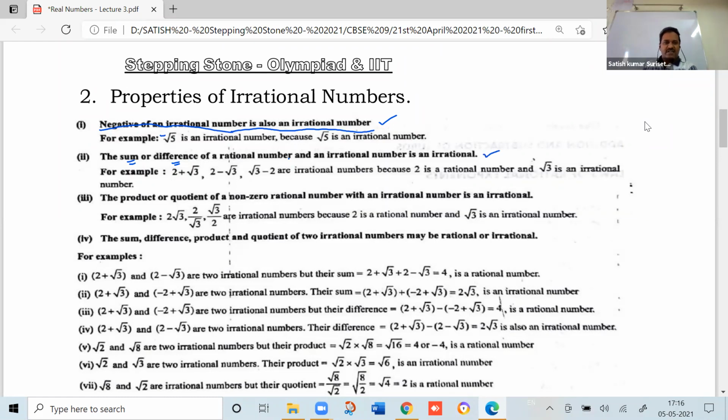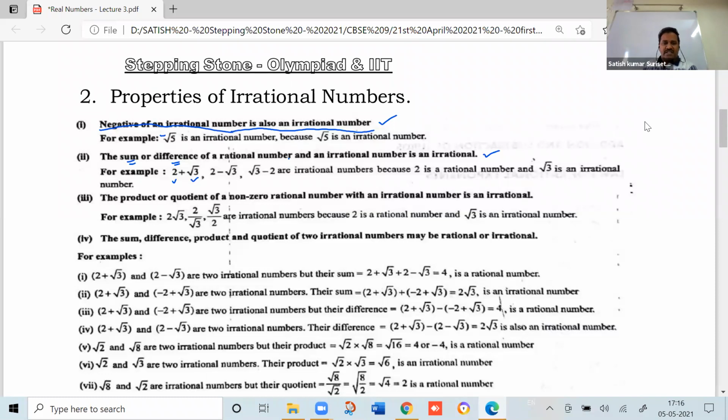That is, 2 is rational and root 3 is irrational. So 2 plus root 3 is again irrational only. Not only 2 plus root 3, 2 minus root 3 and root 3 minus 2 are irrational numbers because 2 is a rational number and root 3 is an irrational number.